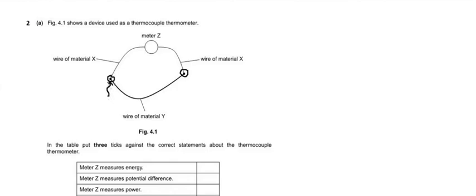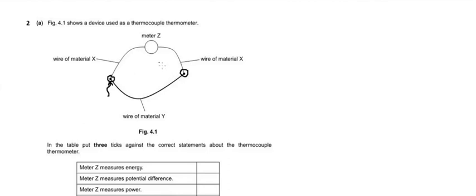So this junction becomes hot, and this junction automatically becomes cool. So you can see there is a temperature difference between these two junctions. This is junction 1, this is junction 2.